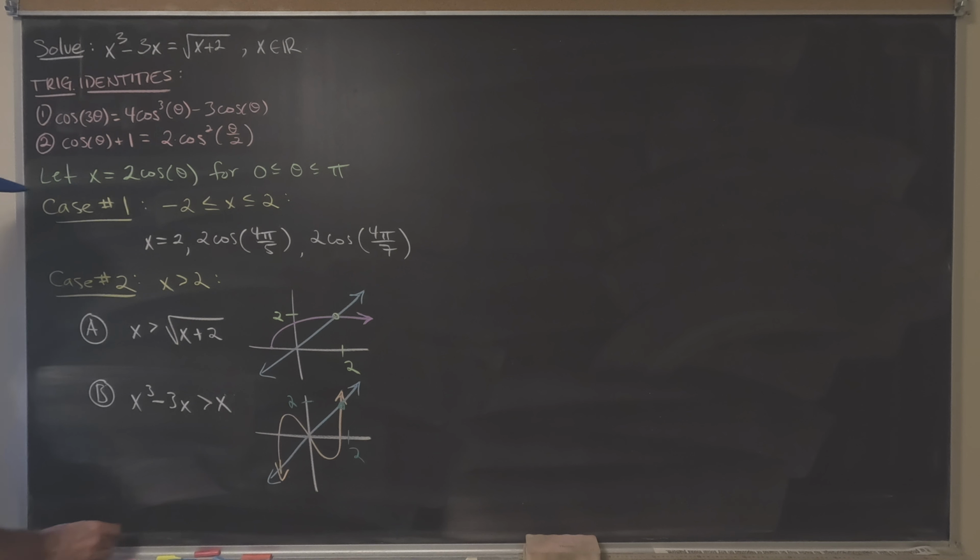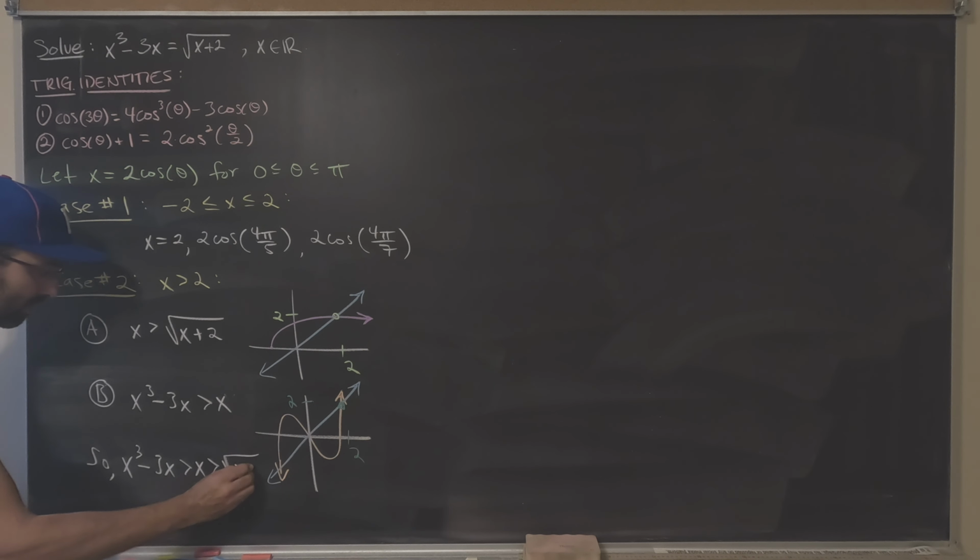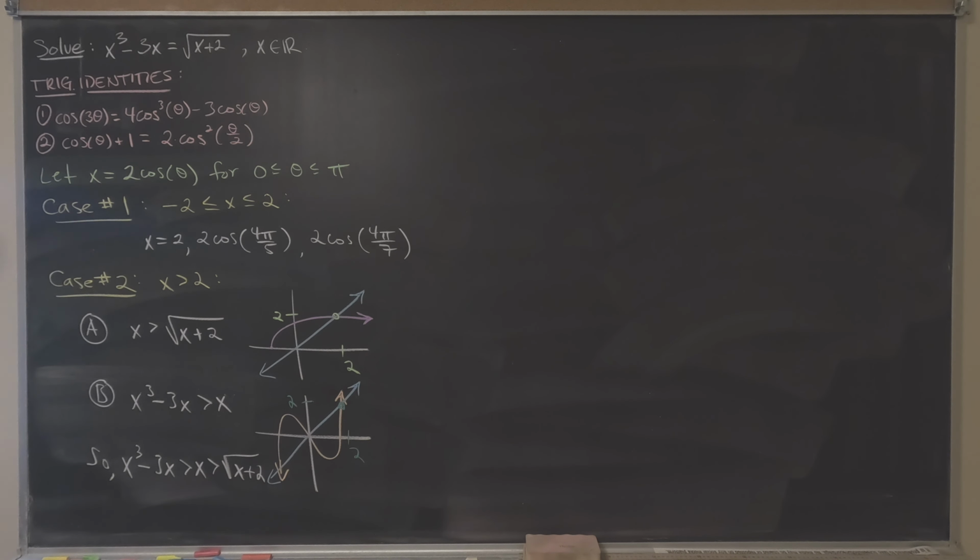Well, now if we put this together, if this is bigger than x, but x is bigger than this radical, what we have is the following. x cubed minus 3x is bigger than x, but that's bigger than the root of x plus 2.